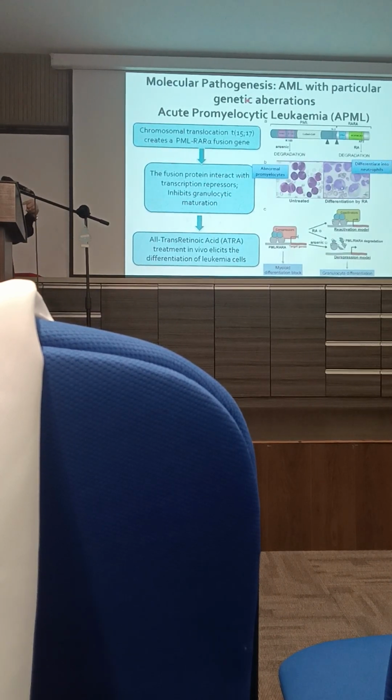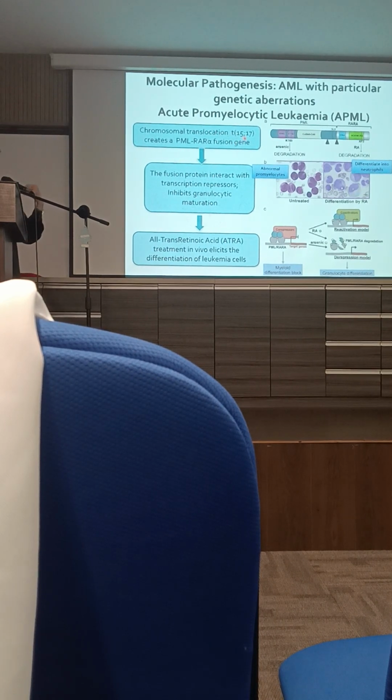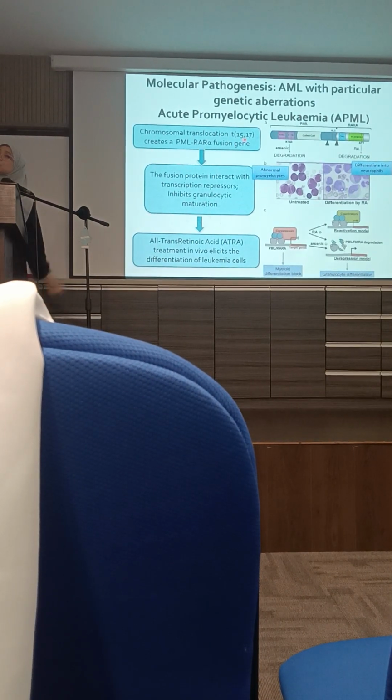Okay, so going back, why? How does APML occur? Again, going back to genetics, acquisition of a chromosomal translocation. In this case, it is translocation 15-17. Listen, I don't want to set a question on it because it's so specific.